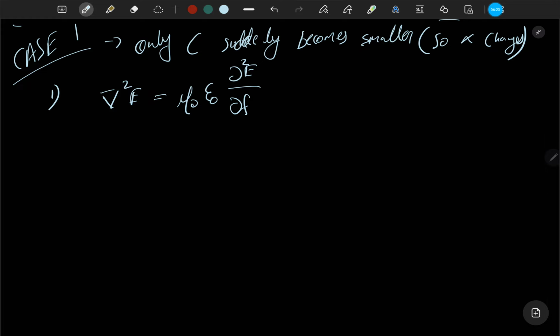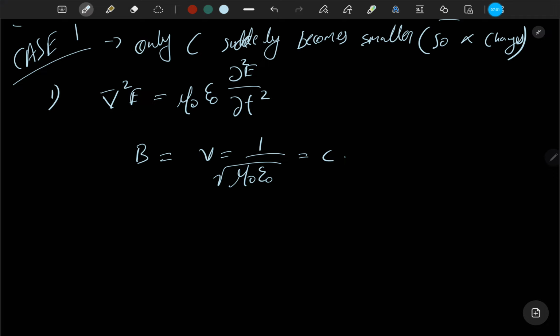d squared E over dt squared. Yep. And similarly for B, with the wave equation, v is 1 over the square root of mu naught epsilon naught, and this is basically c, right?